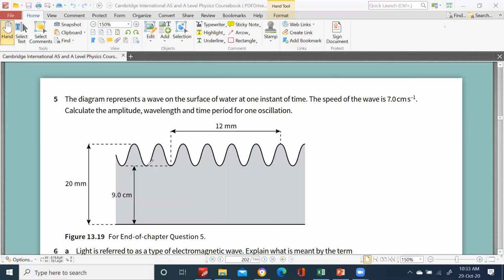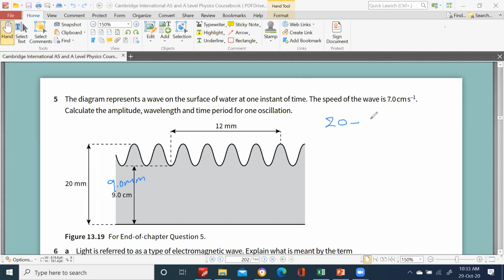So let's take this one to be 9 millimeters. We can say that the normal height of the water is 9 millimeters, and the height with the waves is 20 millimeters. So you first get the difference in which the wave is actually traveling.